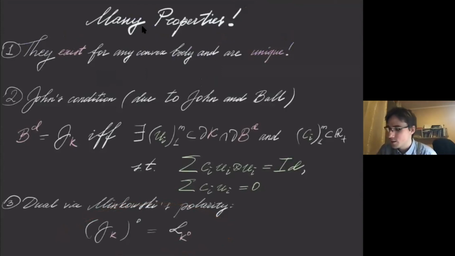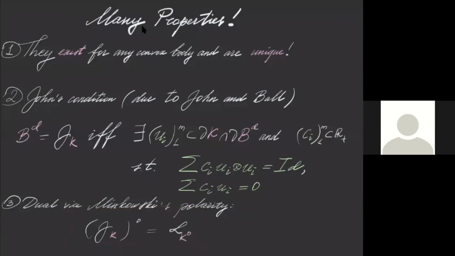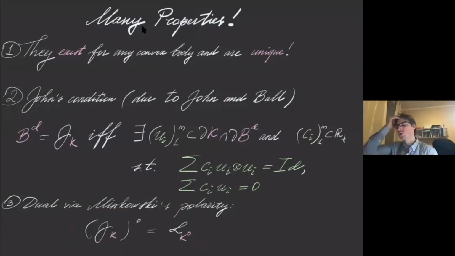If K contains 0 in its interior, like in this case, then you have this duality. It's not true when the center of the ellipsoid is in the... Oh, sorry. Of course, I mistook the ellipsoid for the body. Okay, sorry. Yes, of course.